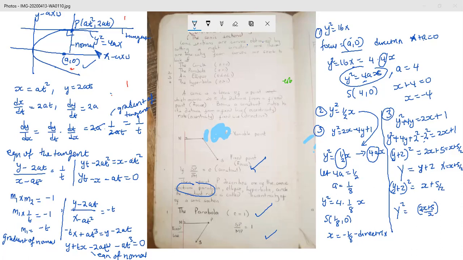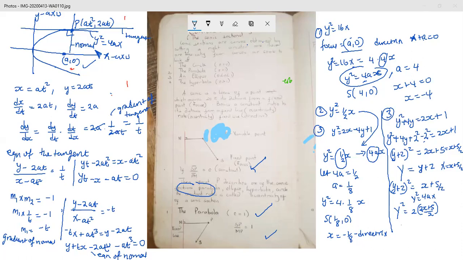You'll have another 2 up here, which makes it in line with this. So there is a silent 2 which has come up here.